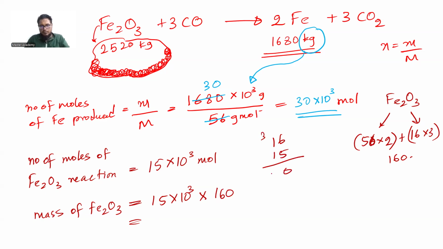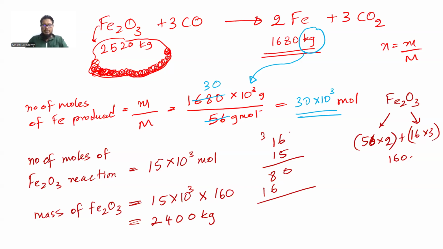So it's 2.4 million. 2, 4, 0. Here there is 1 zero and here 3 zeros. Those 3 zeros, can I directly write as 10 to the power 3, I can write kilograms, no?